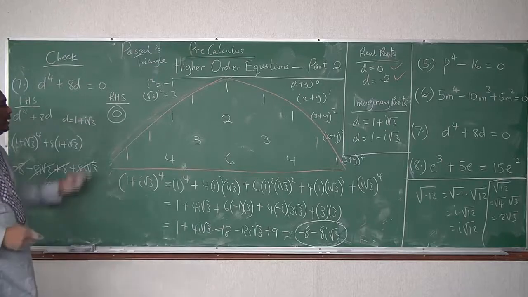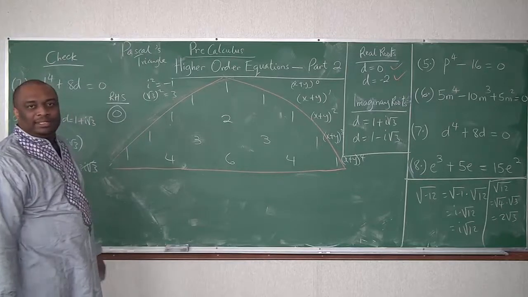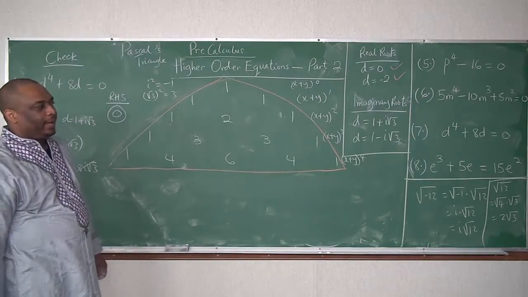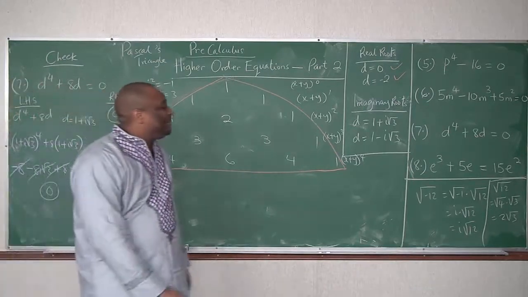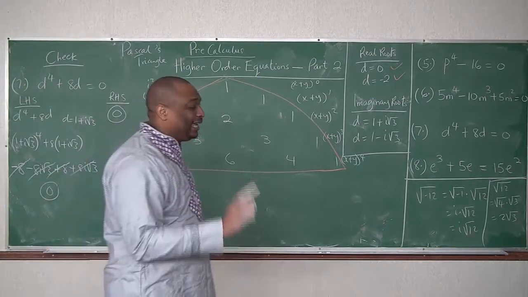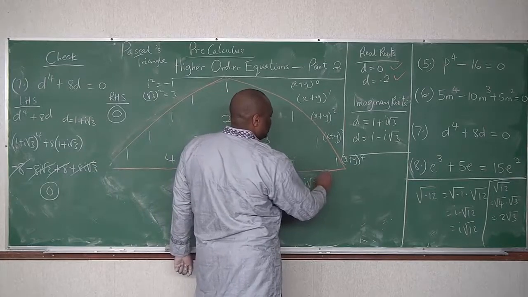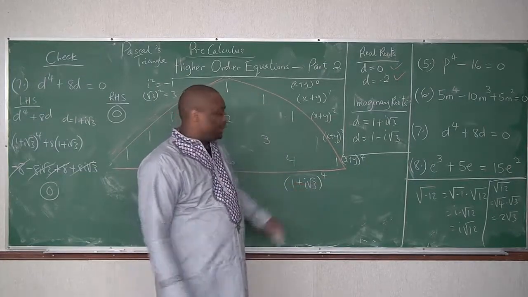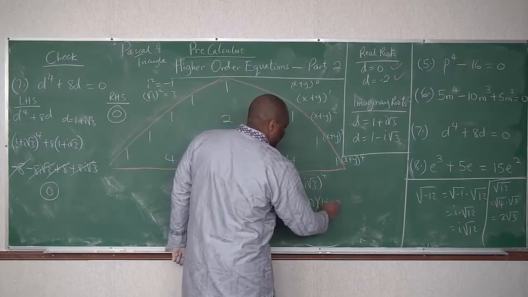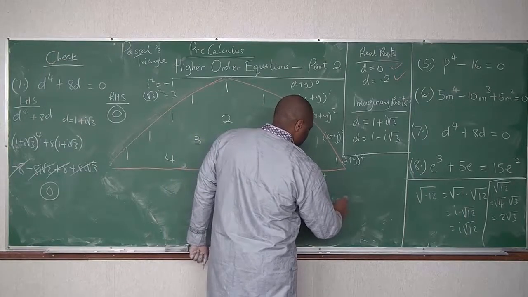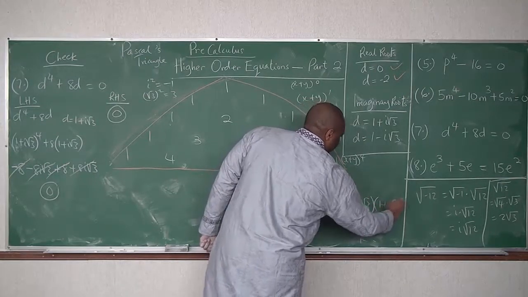Okay, let's do the next root here, 1 minus i root 3. Imagine what it would take if I did this 4 times, like 1 plus i root 3 times 1 plus i root 3 times 1 plus i root 3 times 1 plus i root 3.